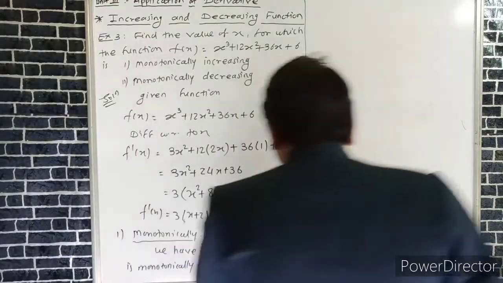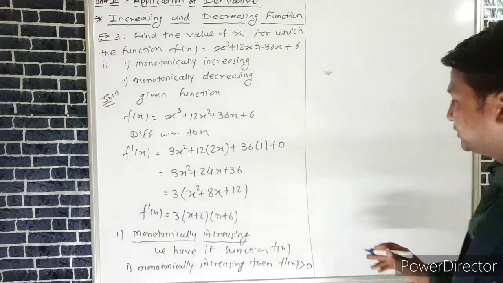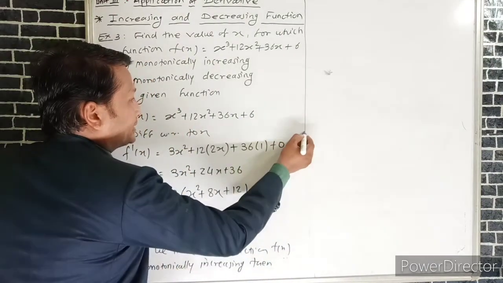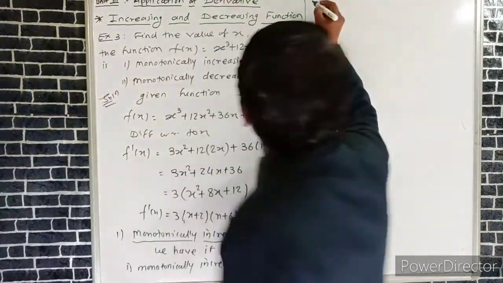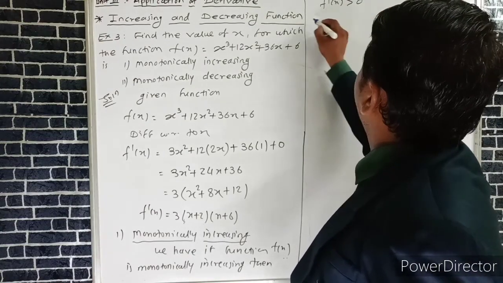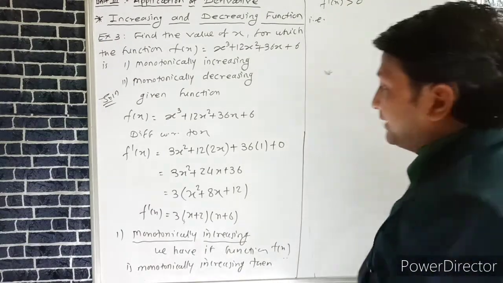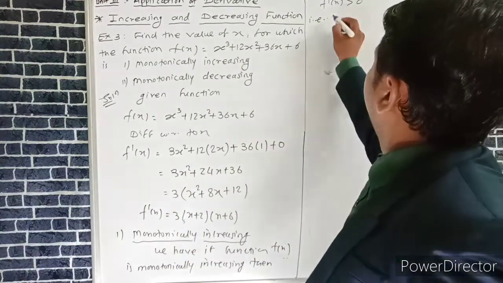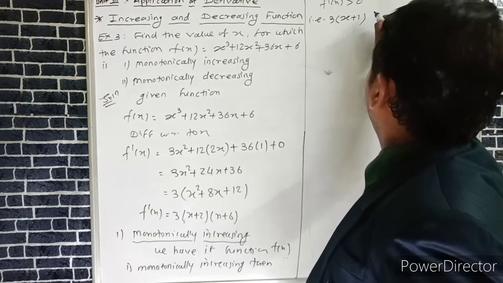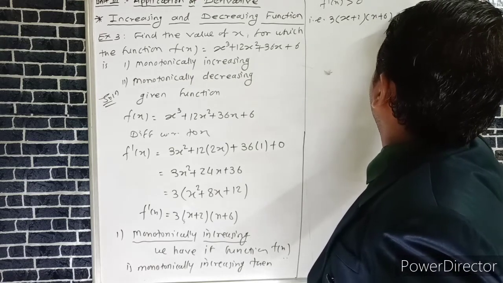That is, 3 into x plus 2 into x plus 6 is strictly greater than 0.